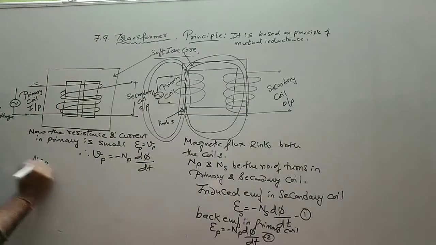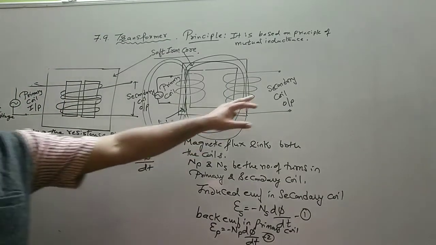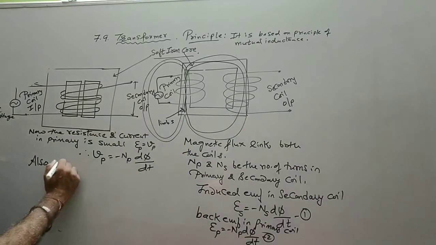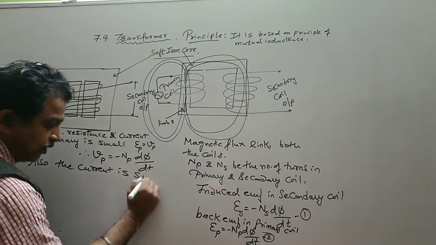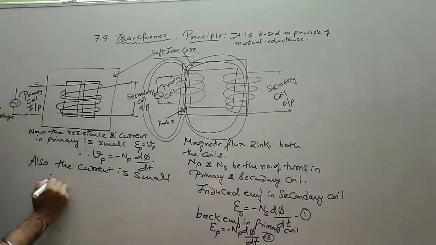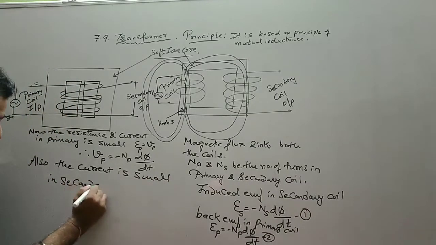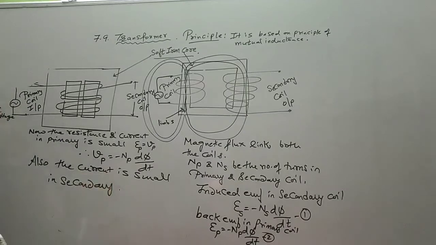Also, we talk about the secondary coil. Again, the current is small in the secondary coil, and again there will always be some resistance available. Otherwise, we assume that if the secondary is an open circuit, it means that the current obtained from it is very small.